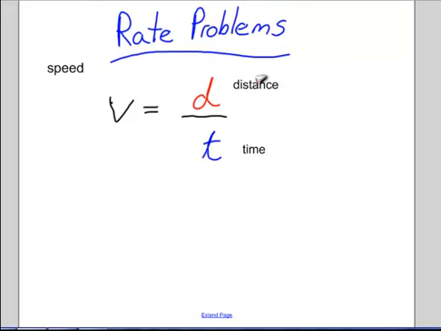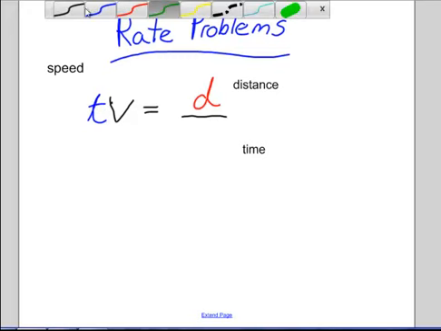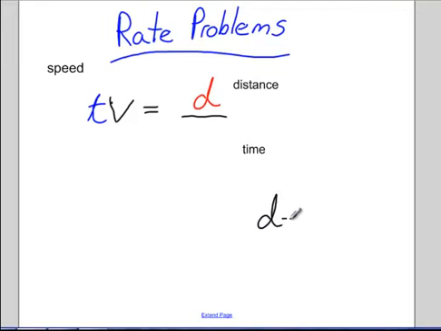Now, a lot of times you're going to have to rearrange this formula to suit your needs. Sometimes you're going to be solving for time, sometimes you're going to be solving for distance, and you'll have to know how to rearrange these. If I multiply both sides by t, the t's would cancel out, and this t would come up over here. So we see that an alternate form of this equation is that my distance is equal to the time traveled times my speed.